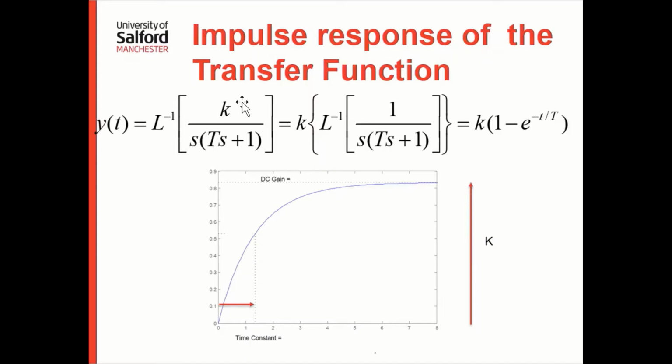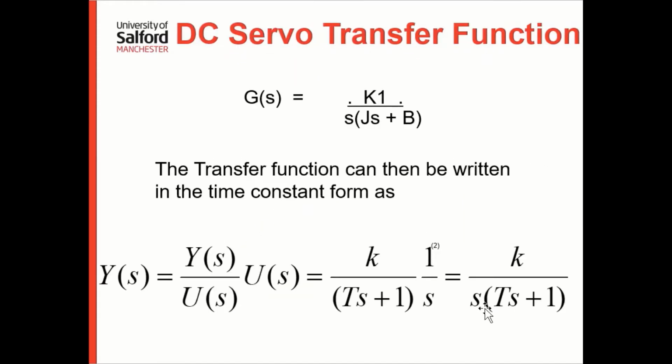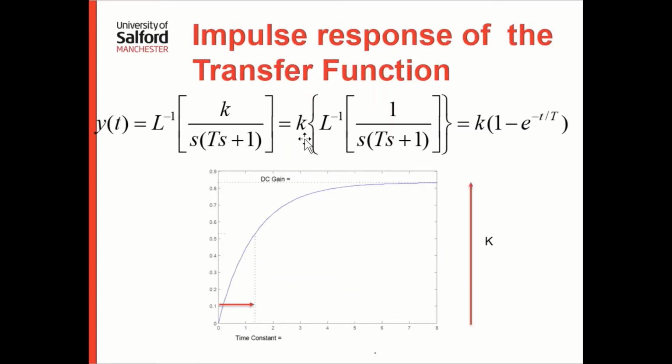So now, because we've already got an s term in here, if we do the Laplace transform of this system directly for an impulse, the impulse Laplace transform is just 1, so the Laplace transform of this would just be k over s(ts plus 1), which is very similar to the step response of a first order system without the s in. So we get that the Laplace transform from an impulse looks the same as the step response for a first order system.